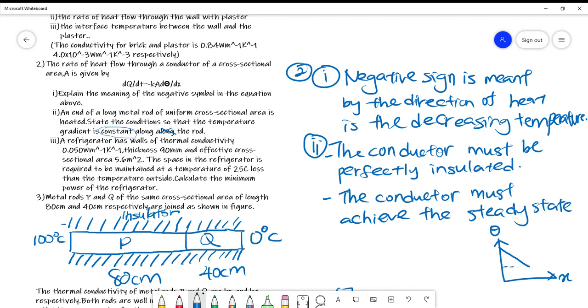So basically from this graph we can say that the difference in temperature for every point is equal. So if the graph achieves the steady state, what we get for the temperature gradient is actually a constant, d theta over dx, and this shall be constant. Alright, so this is how the constant temperature gradient works, and let's just move on to the next part.